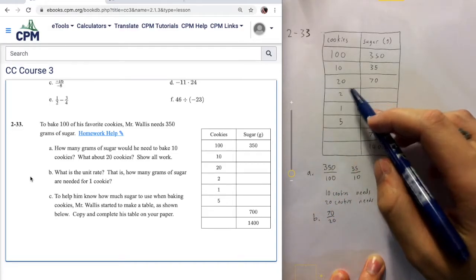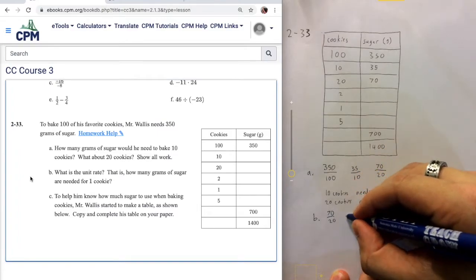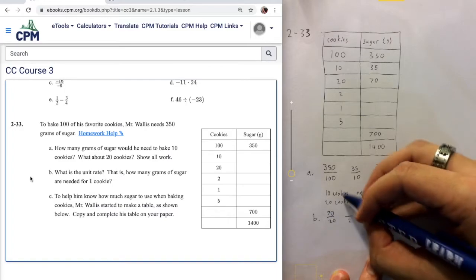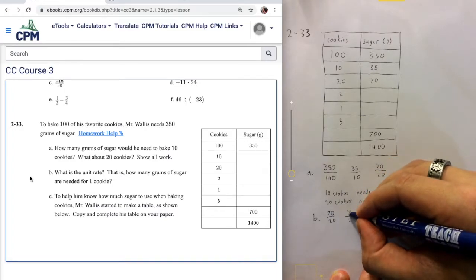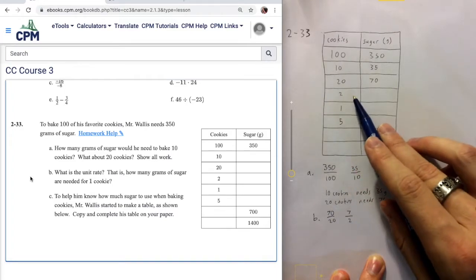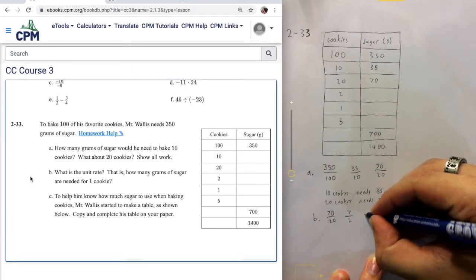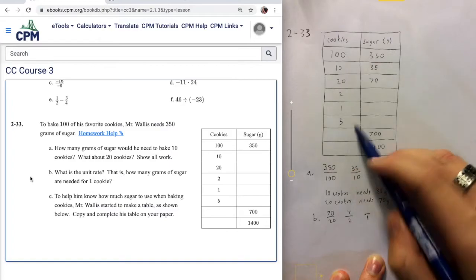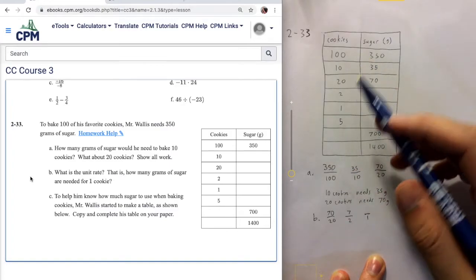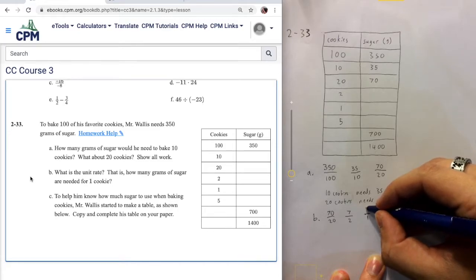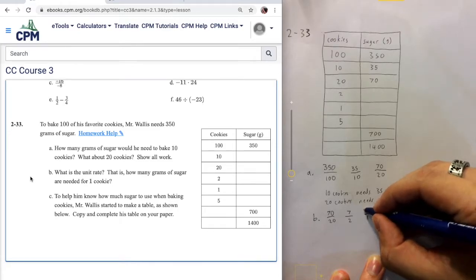So to go from 20 to 2, you can divide by 10. So 70 divided by 10, once again, just get rid of the 0, and you have 7 over 2. And then we can take it one step further to take it over 1, because that's ultimately what we want. So to go from 2 to 1, you half it. Half of 7 is 3.5.